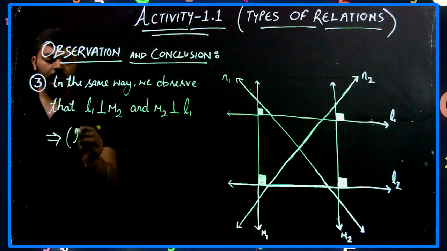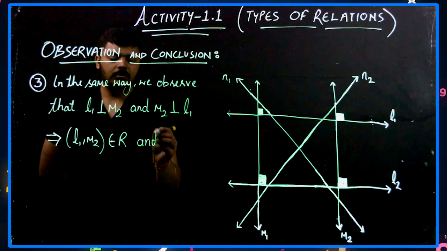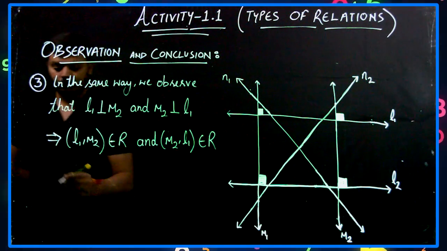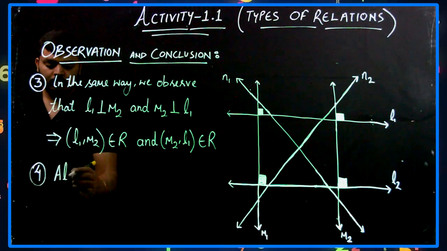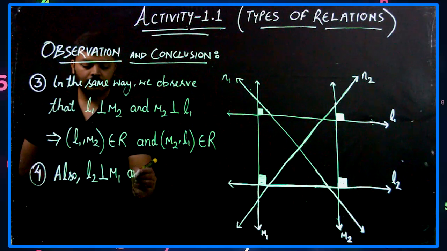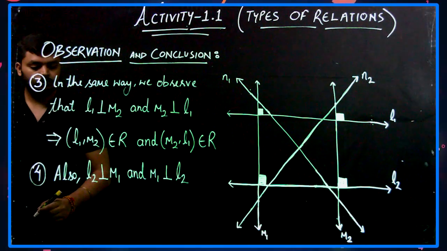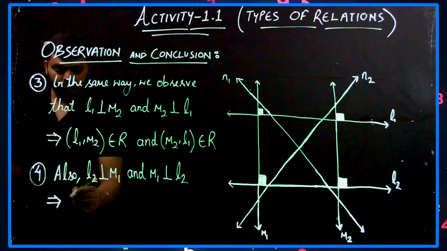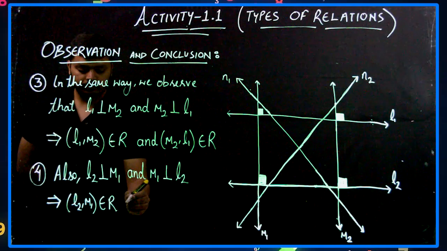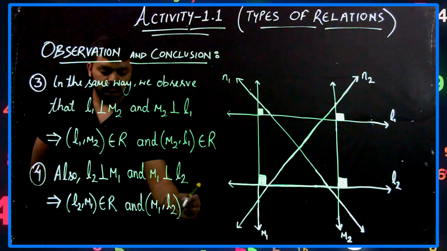Therefore, (L1, M2) belongs to R and (M2, L1) belongs to R. Fourth, also L2 is perpendicular to M1 and M1 is perpendicular to L2. Therefore, (L2, M1) belongs to R and (M1, L2) belongs to R.